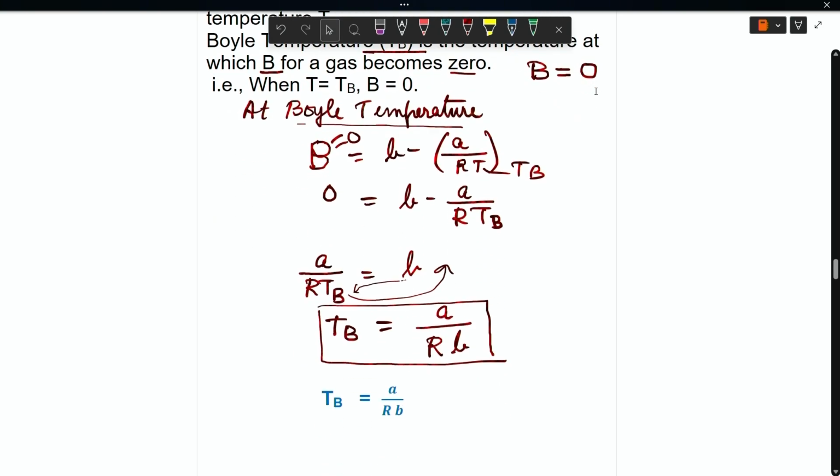Now, deriving an expression, you rearrange, you will get TB equals A by RB, and this is the expression for Boyle temperature, and this is a temperature at which the gases obey Boyle's law for a certain range of pressure.